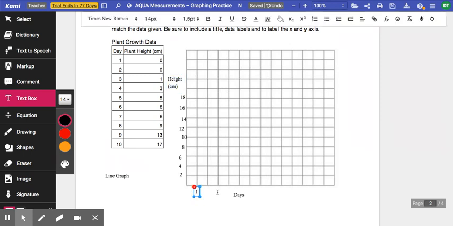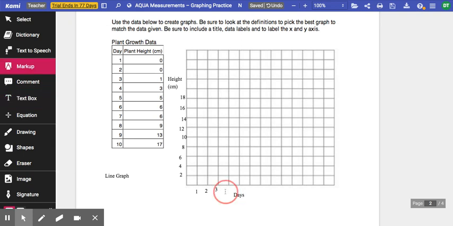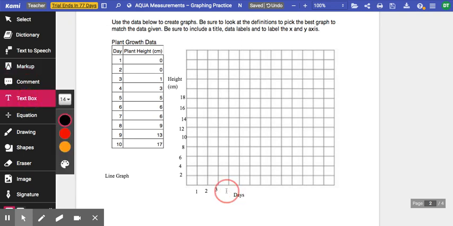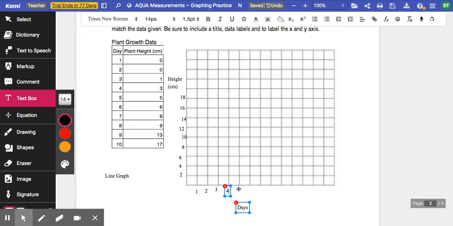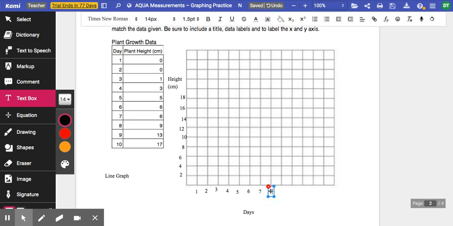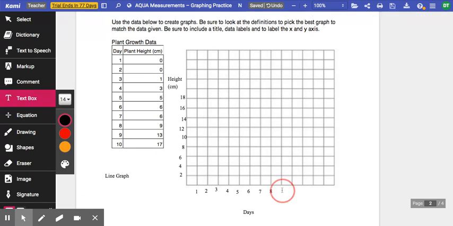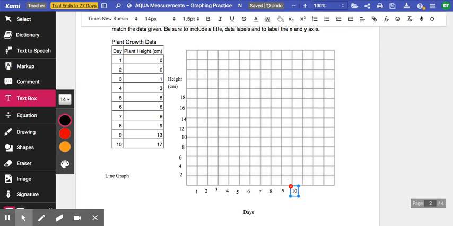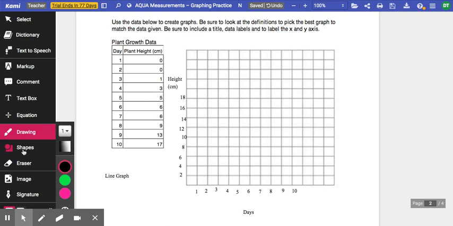So I'm going to put day 1, day 2, day 3, day 4, day 5, and I'm going to 6, 7, 8, 9, and then this one will be 10. All right. Now I can add my dots.